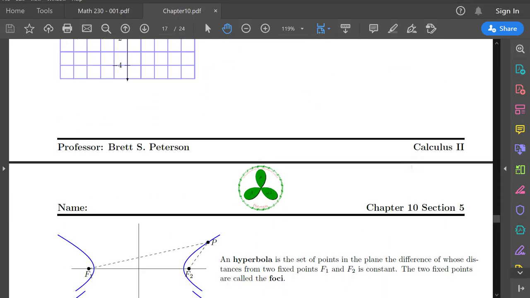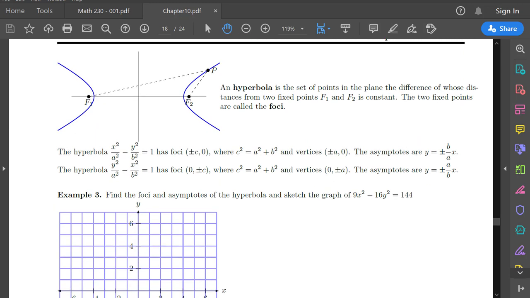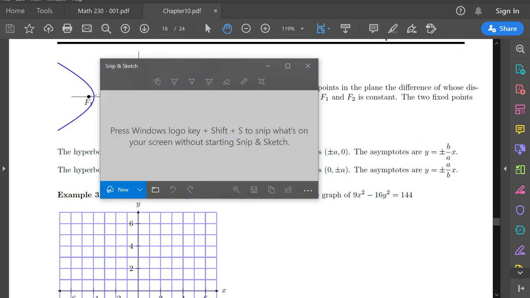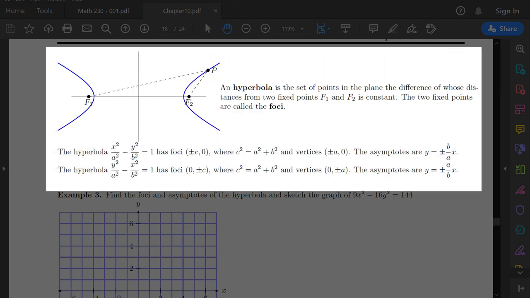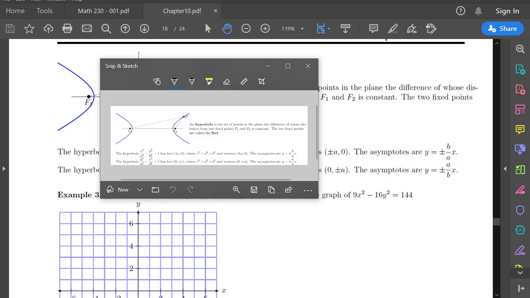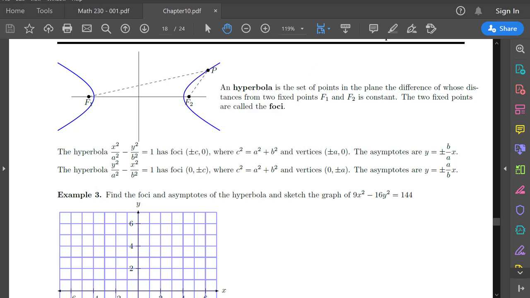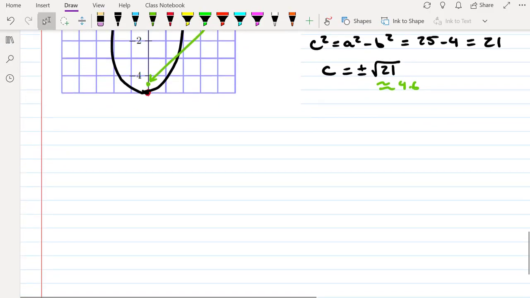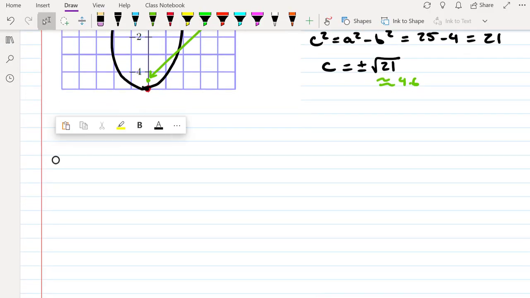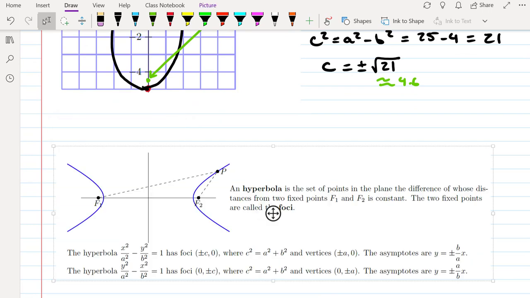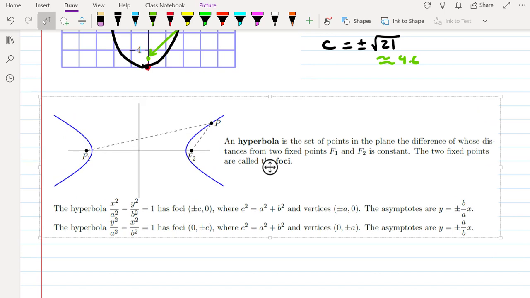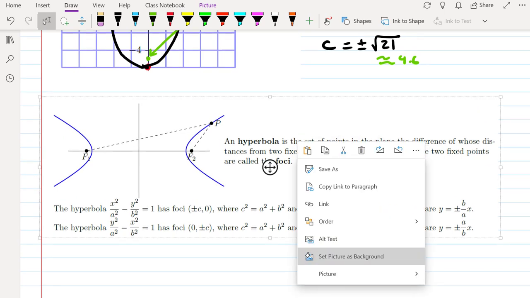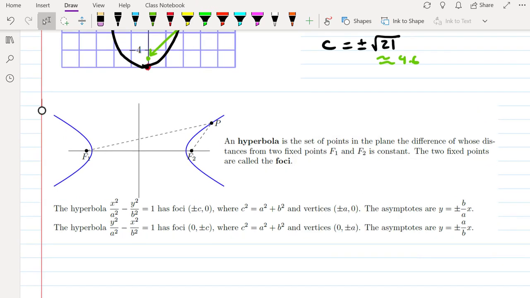All right, so the last conic section that we're going to talk about is a hyperbola. When we had an ellipse, the geometric definition of the ellipse was that the sum of the distances from the foci to any point on the ellipse was constant.